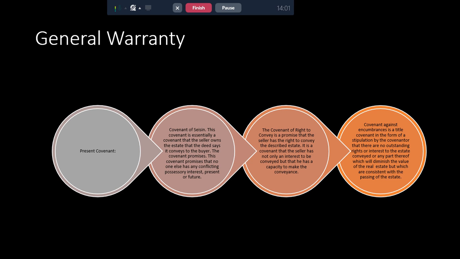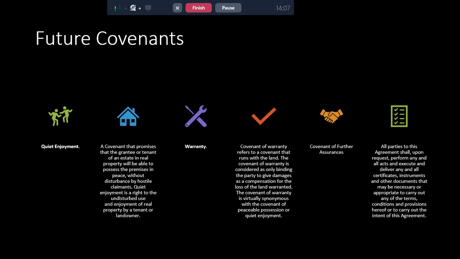Then we have the three future covenants, the first of which is quiet enjoyment. It's a covenant promising that the buyer of the estate will be able to possess the premises in peace without being disturbed by hostile claimants. Then there's the covenant of warranty, a covenant that runs with the land.